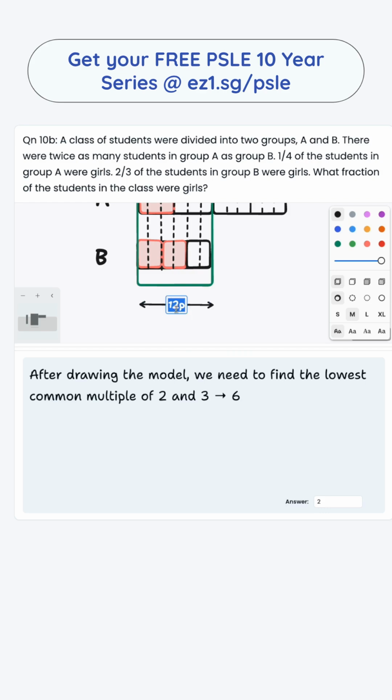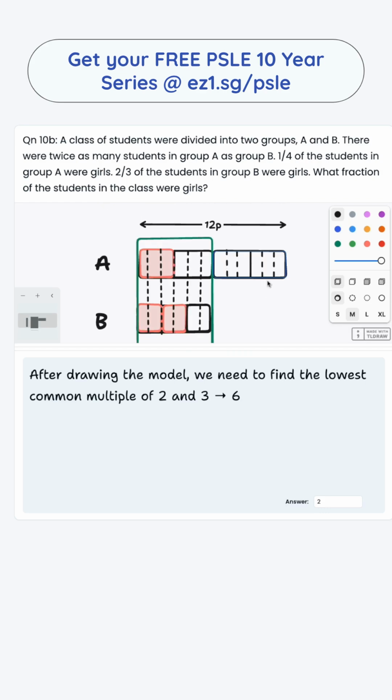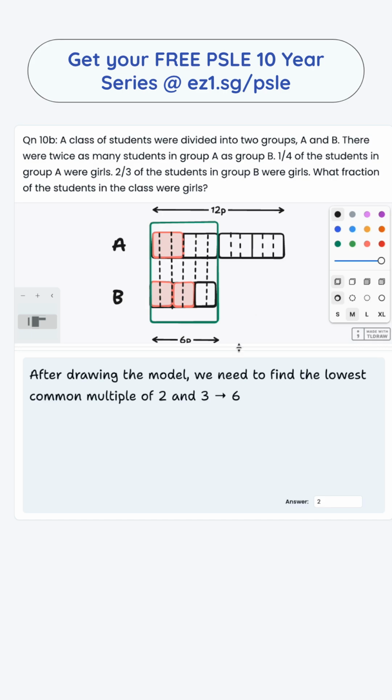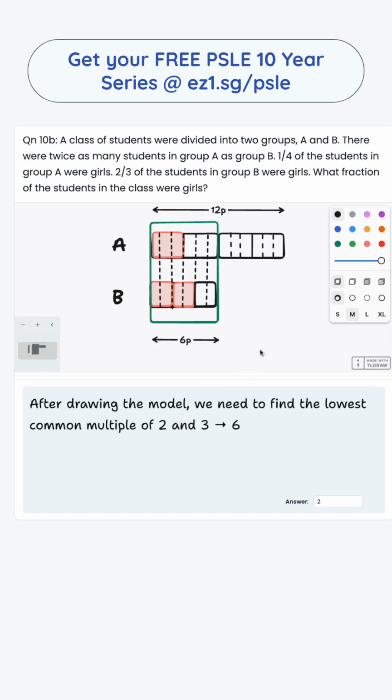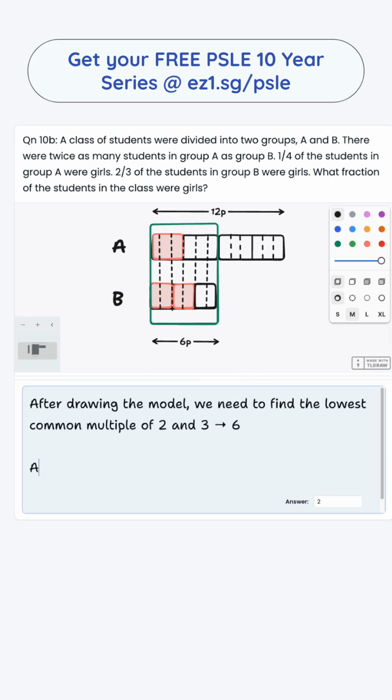So in this case, A has 12 parts and B has 6 parts. Total of A is equal to 12 parts, and total of B is equal to 6 parts.